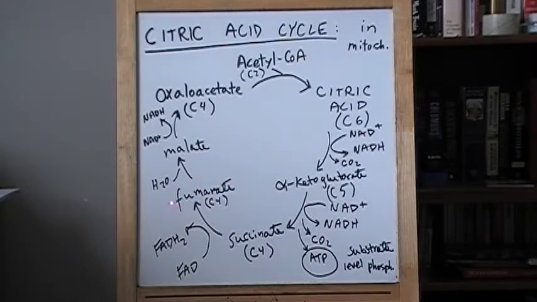The result is fumarate, and then that's hydrated to form malate, and then the malate is further oxidized to form oxaloacetate again. Then the cycle repeats, and each time the cycle repeats, another acetyl-CoA is brought into the cycle. So the overall process produces a lot of reduced cofactor as you're oxidizing the intermediates. And there's also CO2 produced and some ATP.